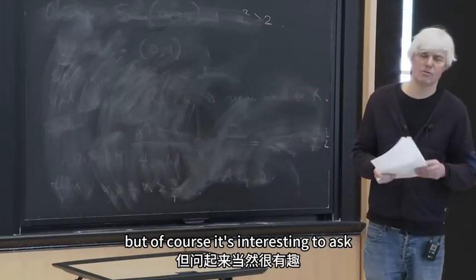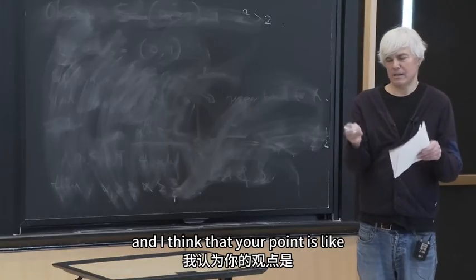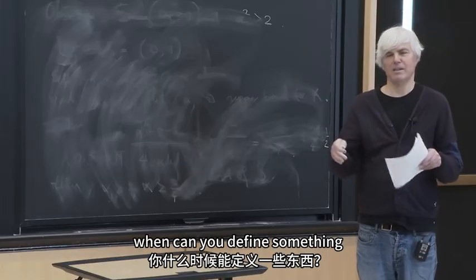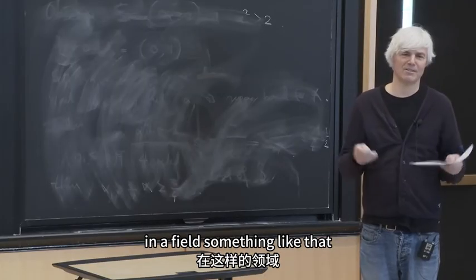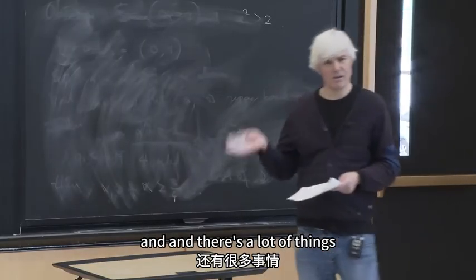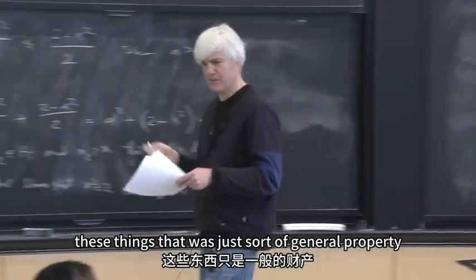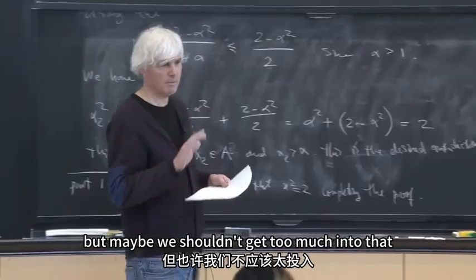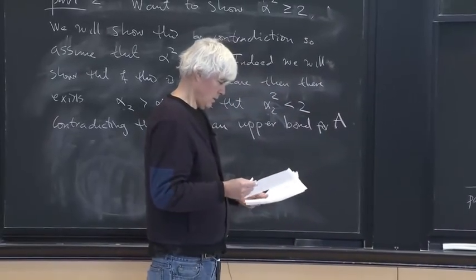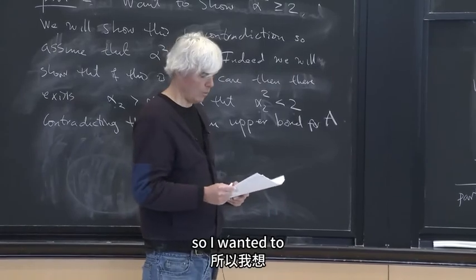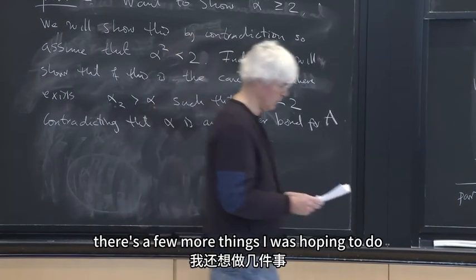But of course, it's interesting to ask. I think your point is, when can you define something like a square root of 2 in a field? You're absolutely right that a lot of these things are just general properties. But maybe we shouldn't get too much into that. There are a few more things I was hoping to do.